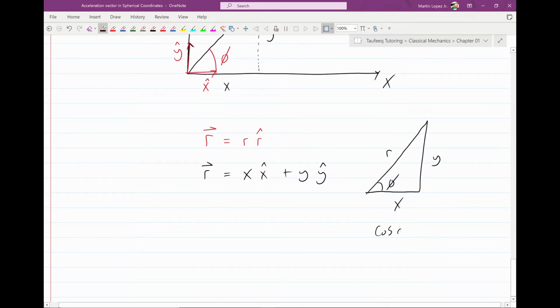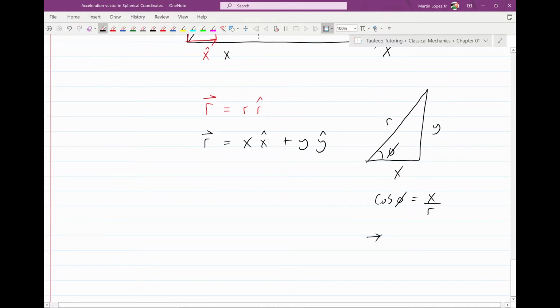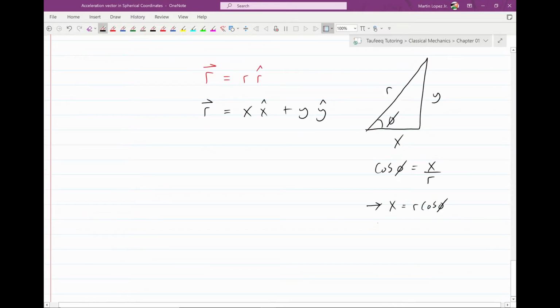So if we take the cosine of phi, then we'll get x over r, and therefore x will be equal to r cosine phi. So that's the transformation, the conversion between those two. And if we take the sine of phi, similarly we'll get y over r. So therefore y will be equal to r sine phi.